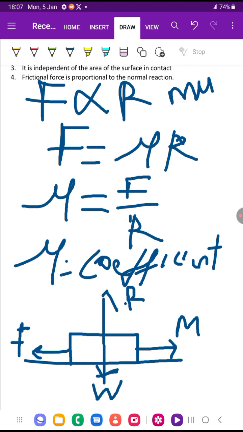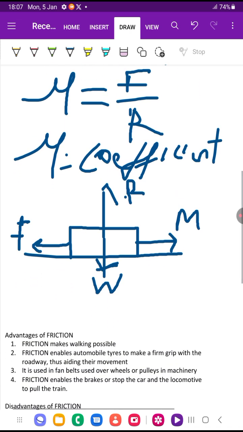So if the motion is going one way like this, friction will act the other way. There are still some calculations that we have to do on this. I will be doing it later on in the next video. There are calculations for both a normal flat surface and an inclined plane.